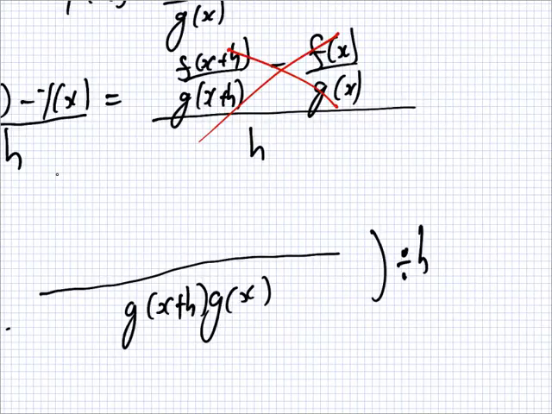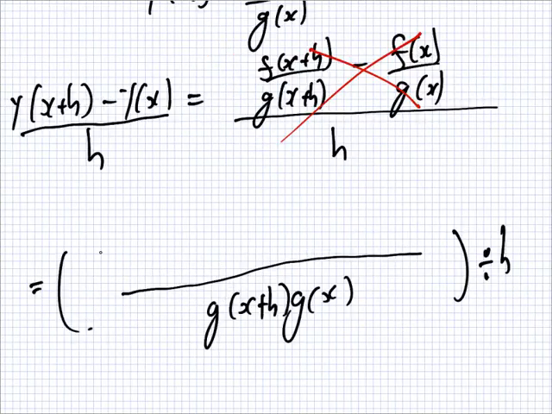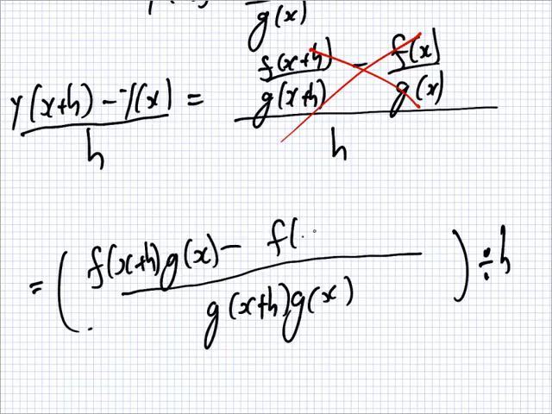So I add the two together and I'll get f(x plus h) g(x) minus f(x) g(x plus h). And this is divided by h over 1. The reason I did that is to remind you of elementary school. When you divide by h over 1, it's the same as multiplying by 1 over h.